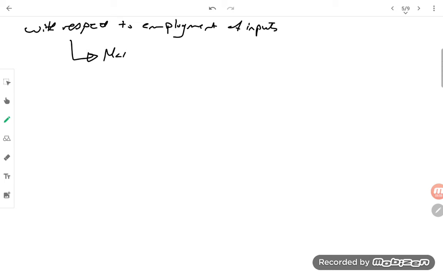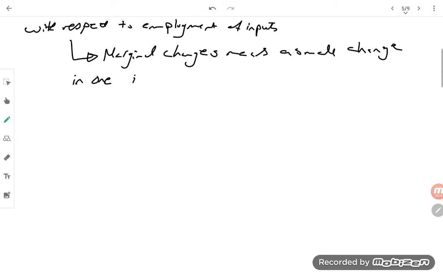With respect to employment of inputs, marginal changes mean a small change in one input.